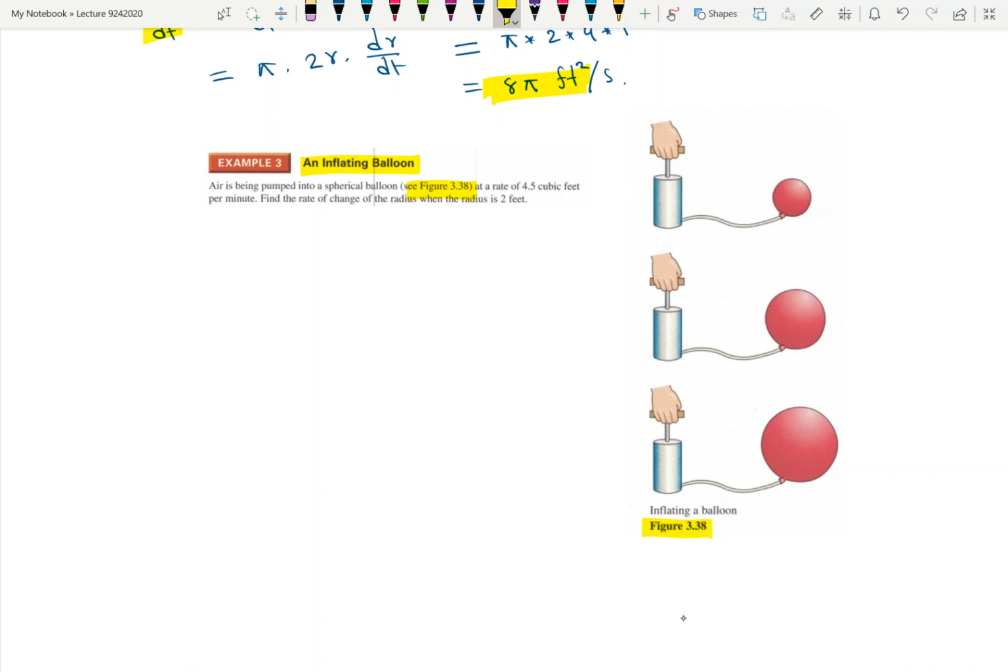Okay, so this is a spherical balloon, and we know the volume of a sphere is 4 over 3 pi r cubed. Okay, so we know the equation V equals 4 over 3 pi r cubed, and the given rate.